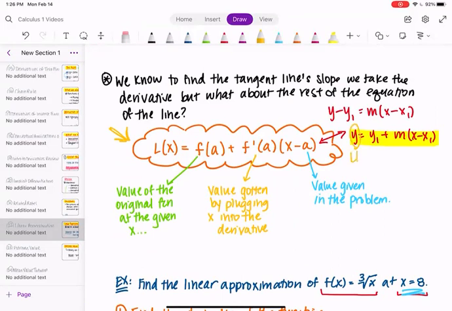That'll be L of x. That's what we're looking for. This is asking for the y value of the original function. So you plug a into the original function. This term is asking you for the slope of the original function, right? Which we find with the derivative, and you still plug it in because you need a number, not an equation.